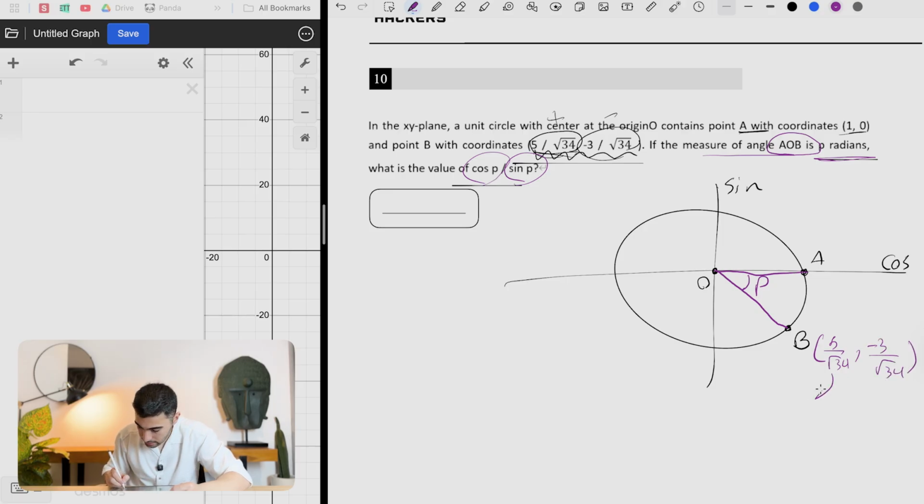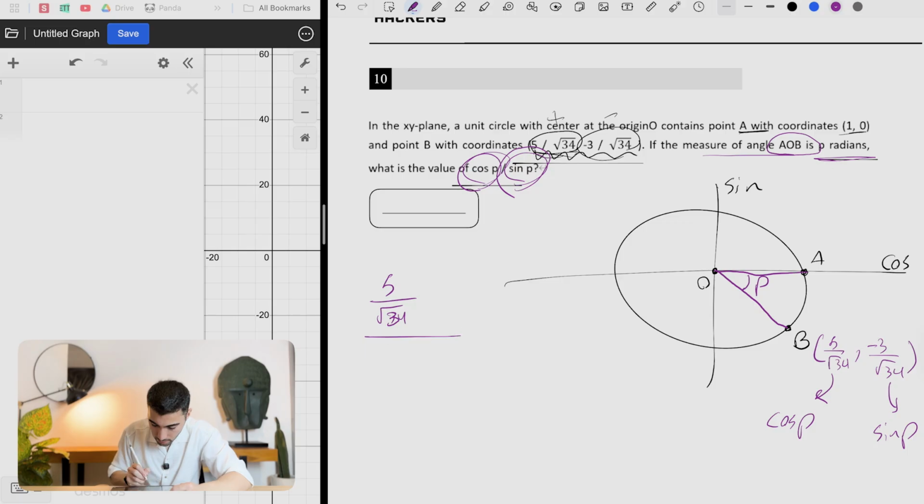So the x coordinate is the cosine of p. This is the sine of p. So we look for cosine p over sine p. We're just looking for 5 over root 34 divided by -3 over root 34. So these cancel out. You get -5 over 3. That's how we do this question.